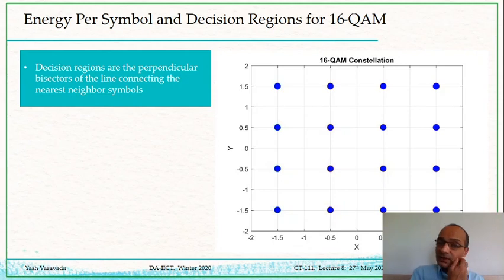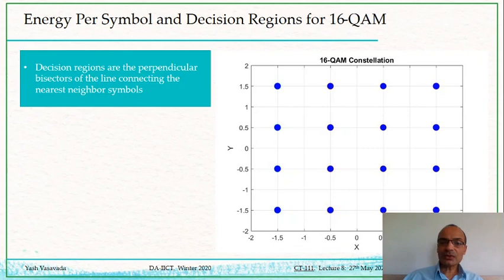We have already noticed earlier that the decision regions of the maximum likelihood scheme, assuming equiprobable symbols, if all of the 16 symbols are transmitted with the same probability of 1 over 16, then the decision regions are always the perpendicular bisectors of the lines connecting adjacent points.